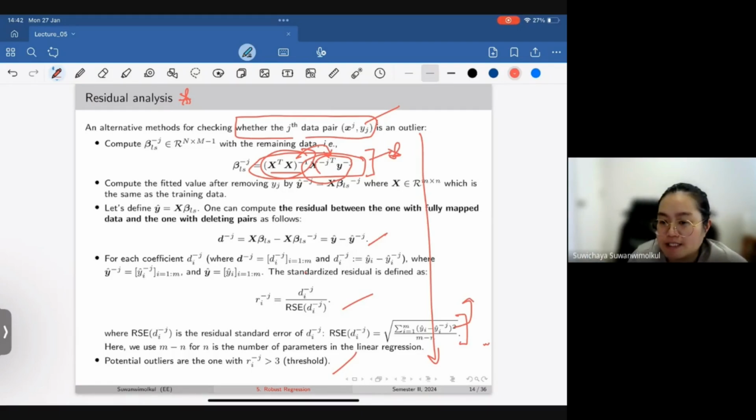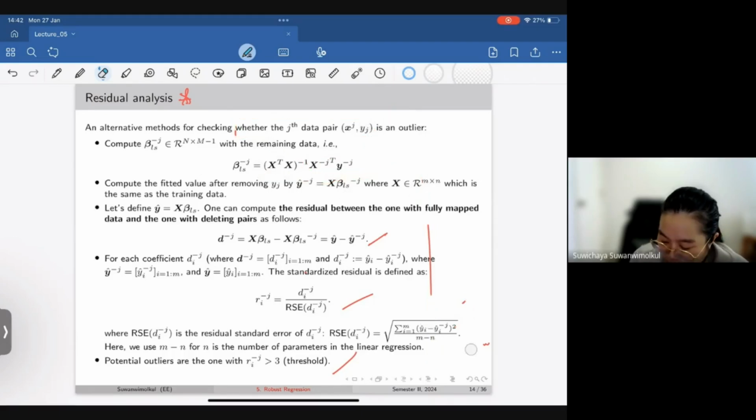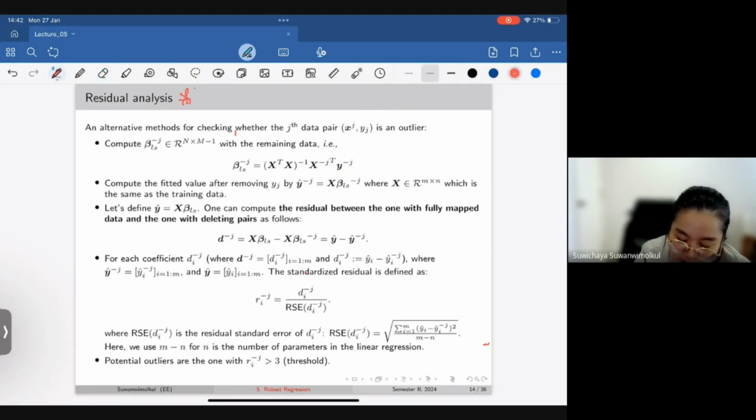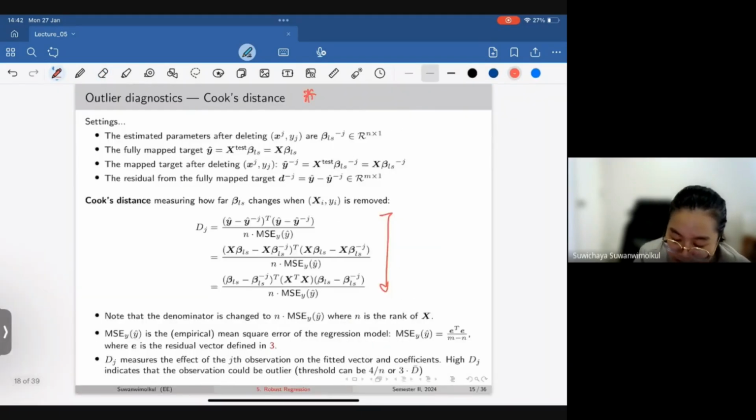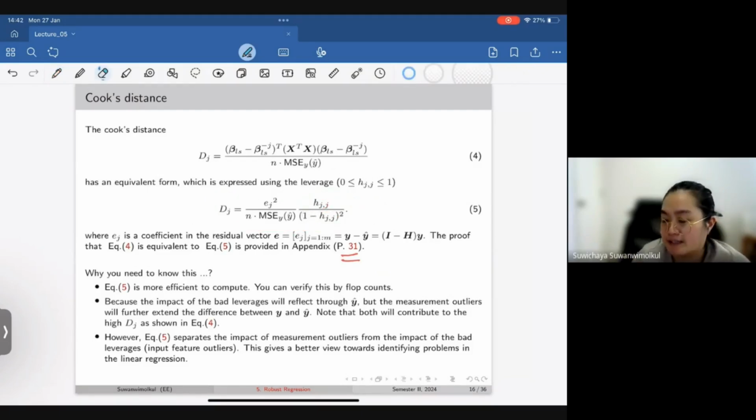So computing these isn't easy, in a sense. Therefore, and maybe I'm not sure what was the initial motivation for reshaping this residual analysis into the Cook distance, but one thing that we can see towards the end is that Cook distance actually enables a closed form formulation where you don't need to iterate like that.